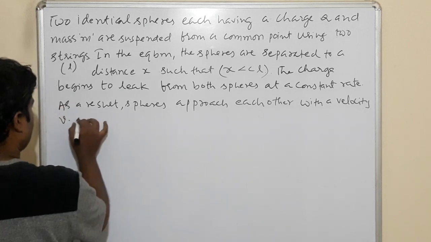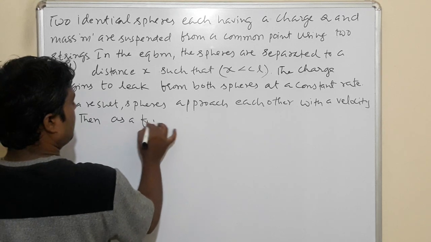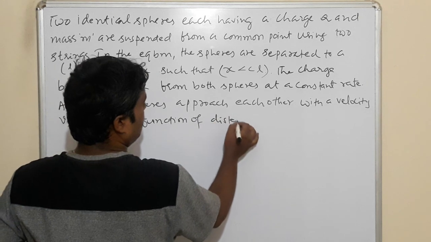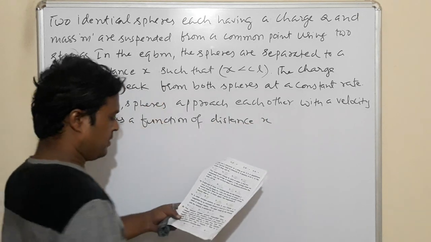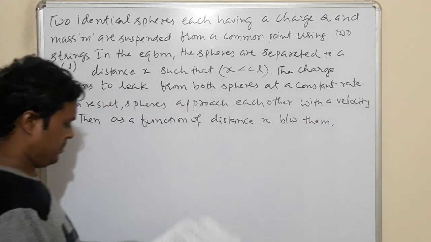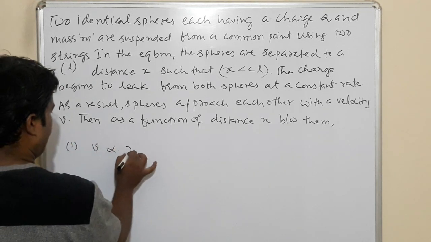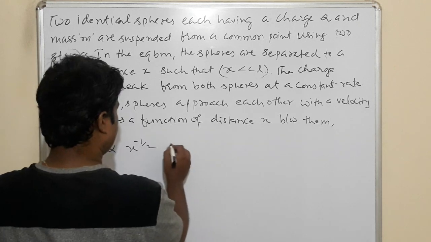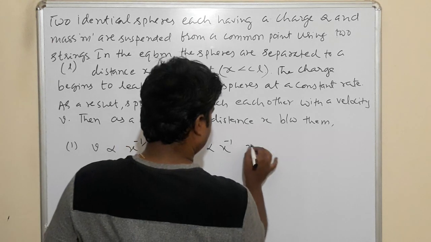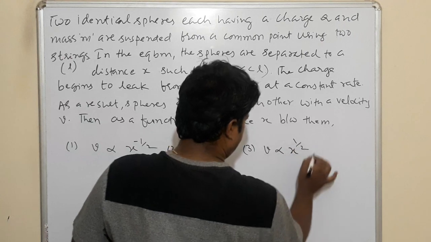Then as a function of distance x between them, v is directly proportional to x raised to minus half, v is directly proportional to x raised to minus 1, v is directly proportional to x raised to plus half.